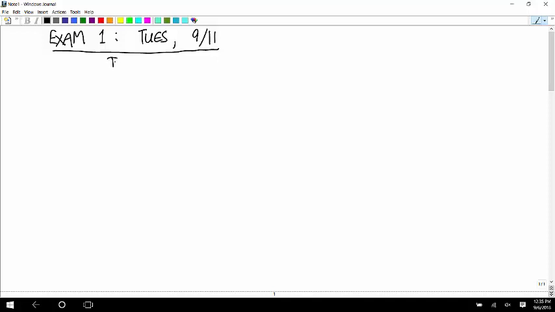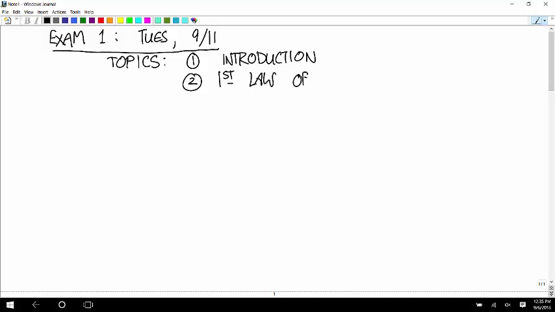And the topics on that will be the stuff on the introduction, problems related to those introduction problems. And second, the first law of thermodynamics, excluding the last one.